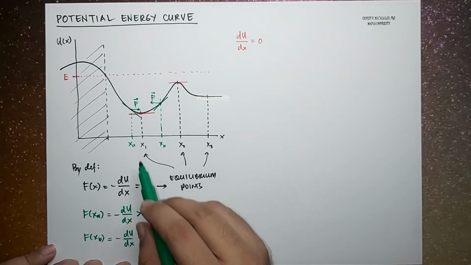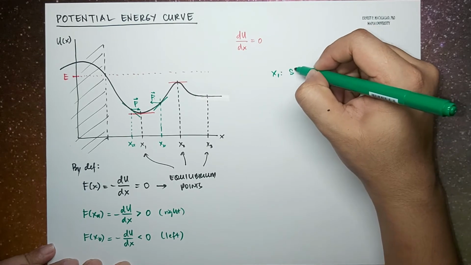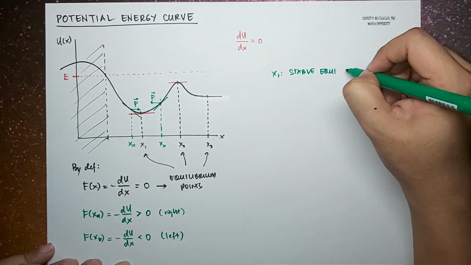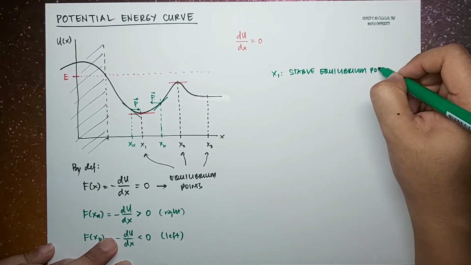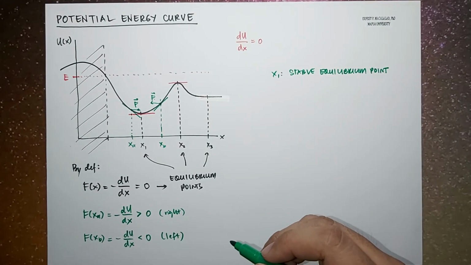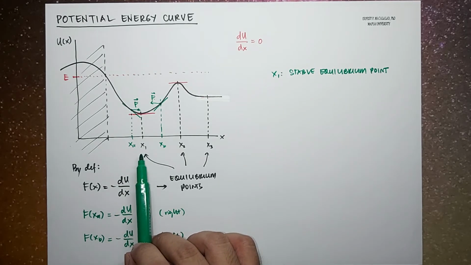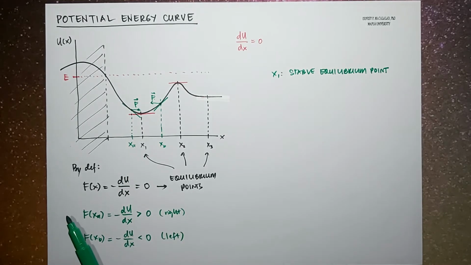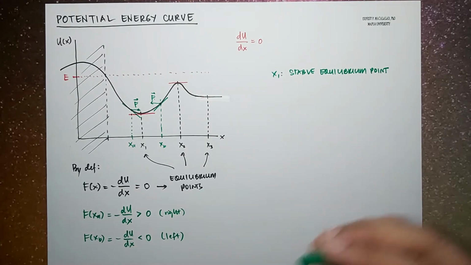That's why we call x1 a stable equilibrium point, because whether you place the particle to the left or to the right of x1, the particle will eventually return to x1.